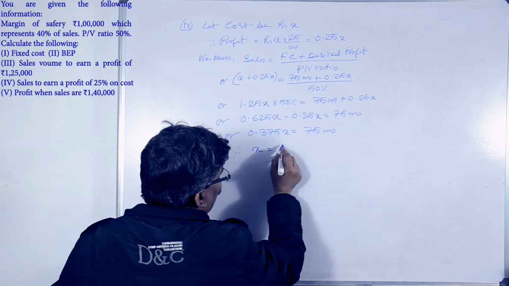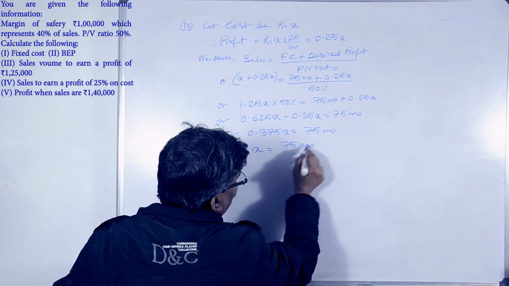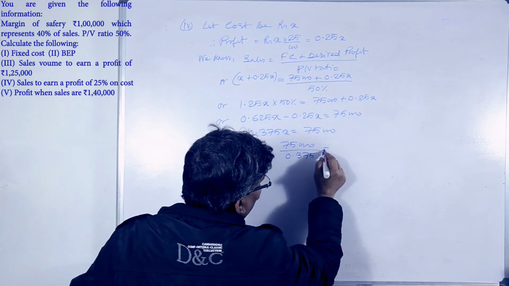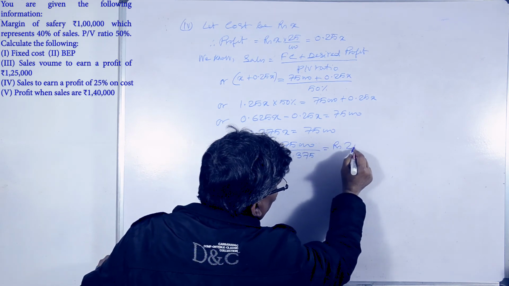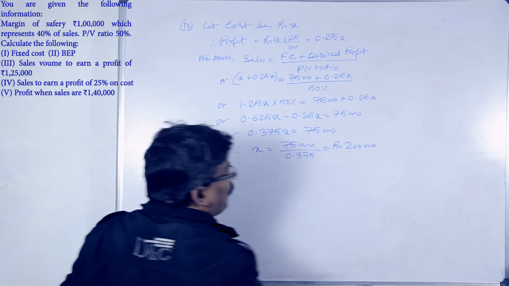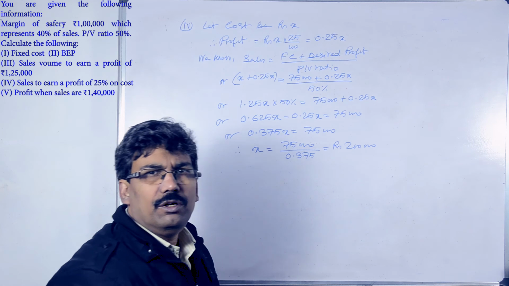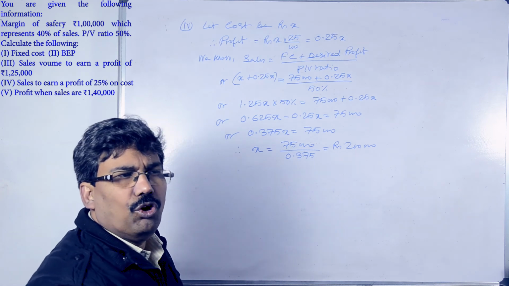Therefore, X equals to 75,000 divided by 0.375 equals to rupees 2 lakh. Then, if cost is rupees 2 lakh, we can earn 25% profit on cost.